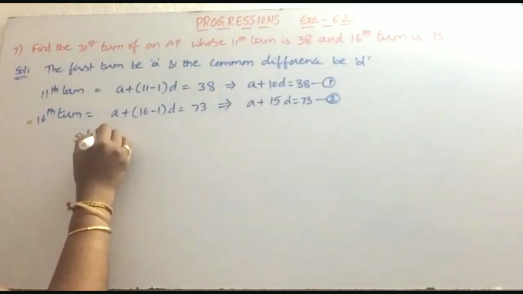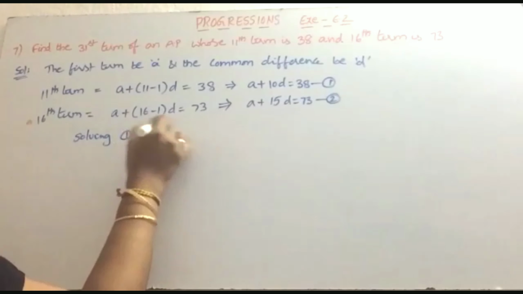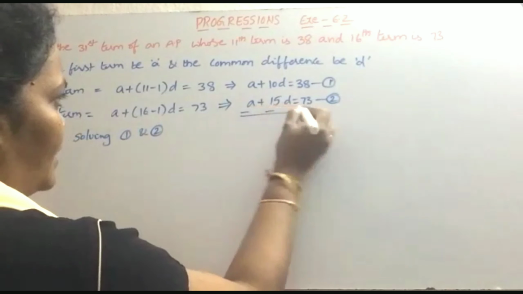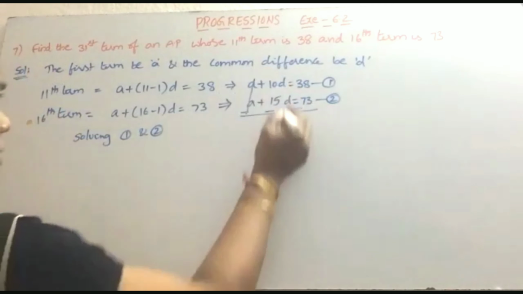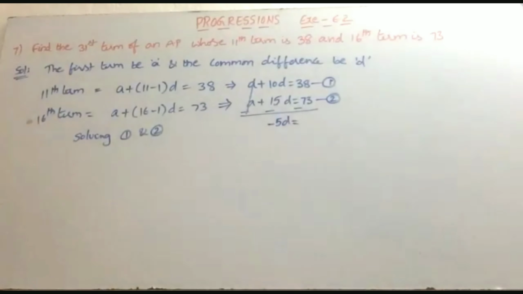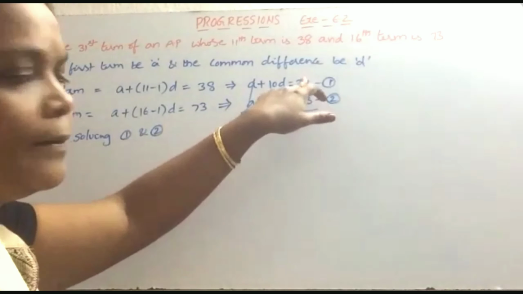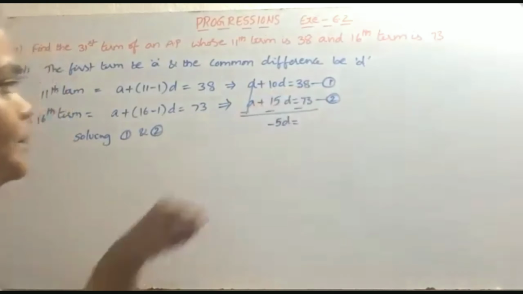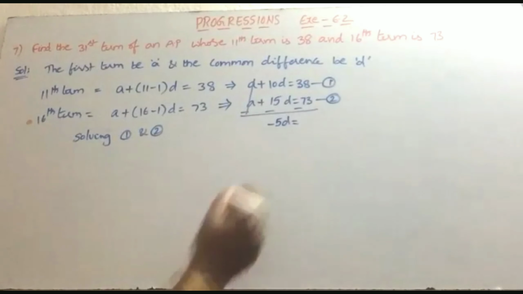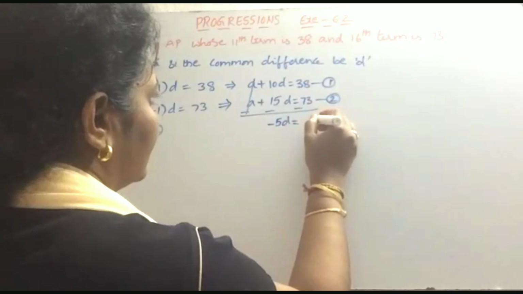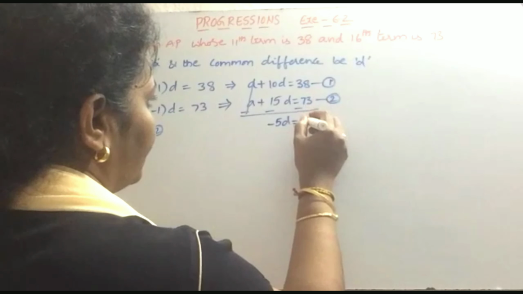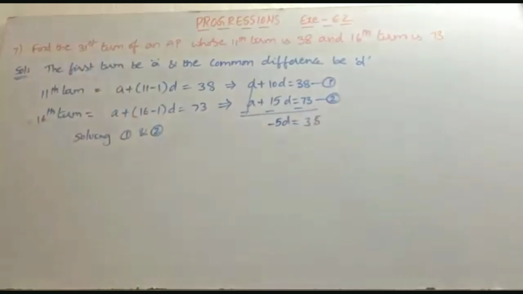So solving 1 and 2, that means minus, minus and minus. 10D minus 15D, minus 5D is equal to minus 73 plus 38, 73 minus 38. 35.